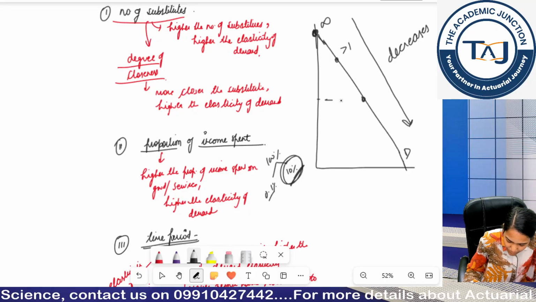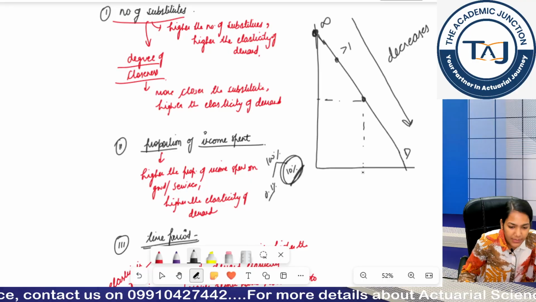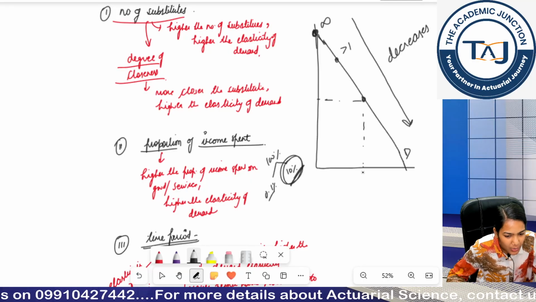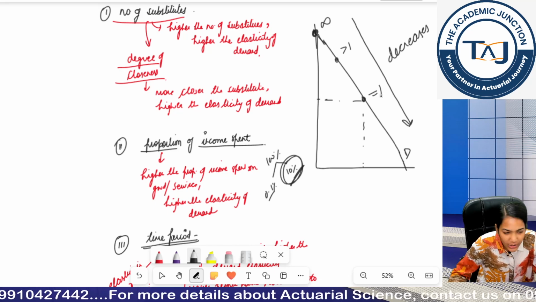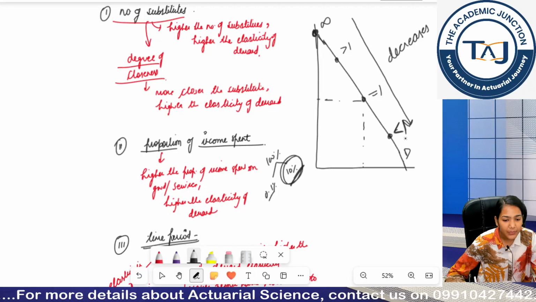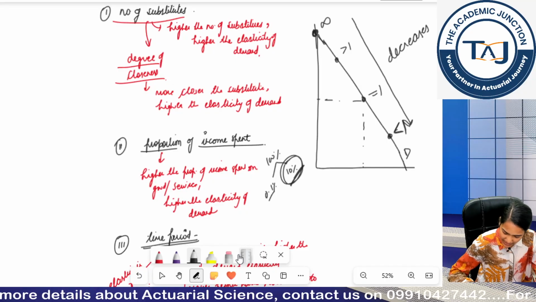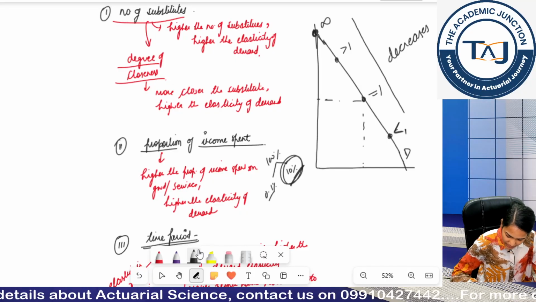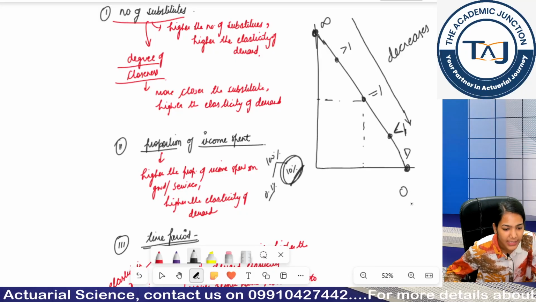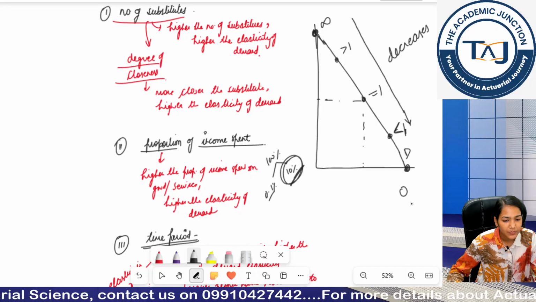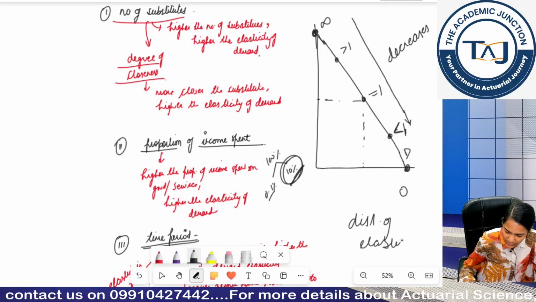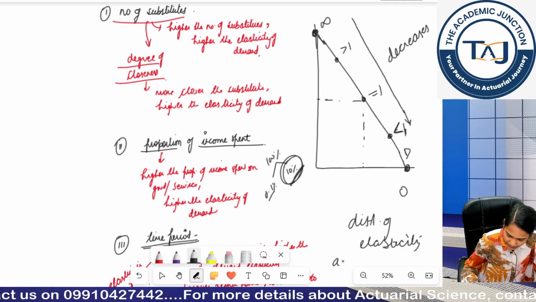At the point where the proportional change in price is equal to the proportional change in quantity demanded, it is unit elasticity. Lower than that, I am getting less than 1, which is inelastic demand, and at this point my elasticity is 0. So you can say this is the distribution of elasticity across a linear demand curve.